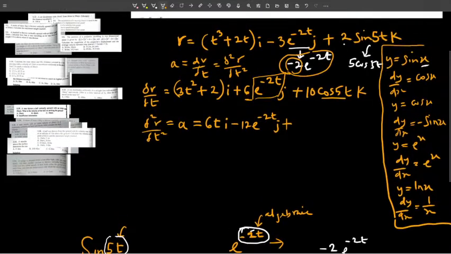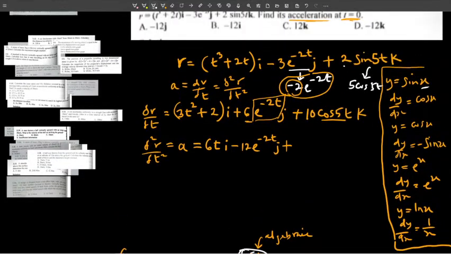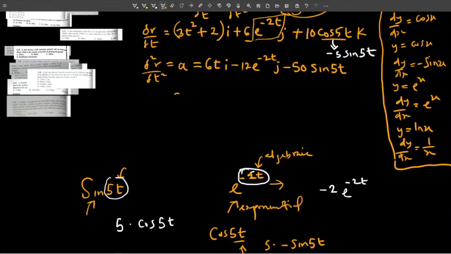Multiply that by 10, that will give me minus 50 sine 5t. And this is our acceleration because we've differentiated 2 times now. So acceleration is equal to 60i minus 12 e raised power minus 2t j minus 50 sine 5t k.